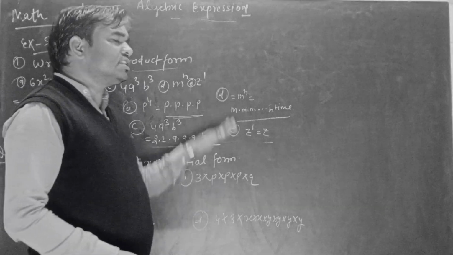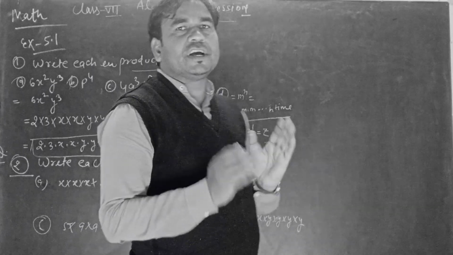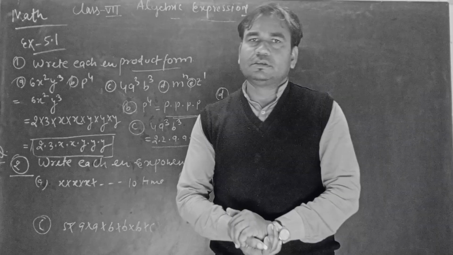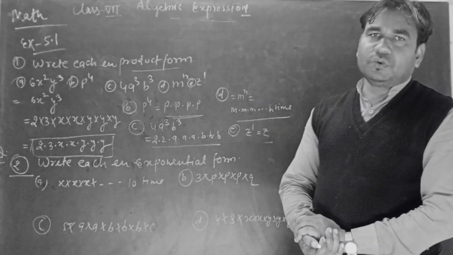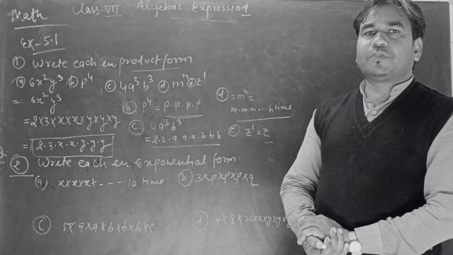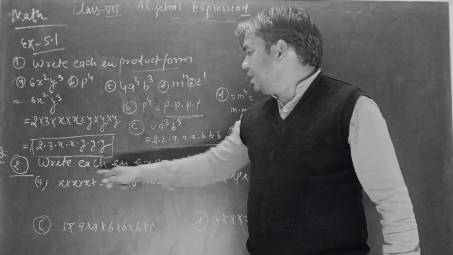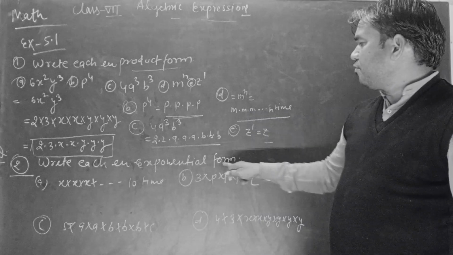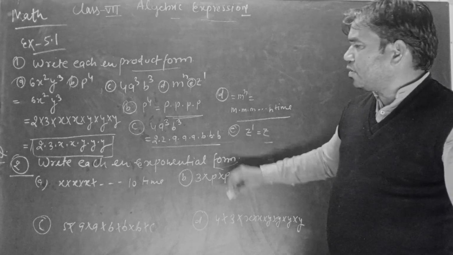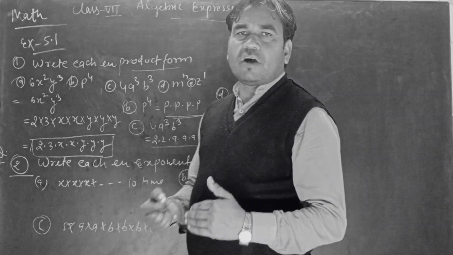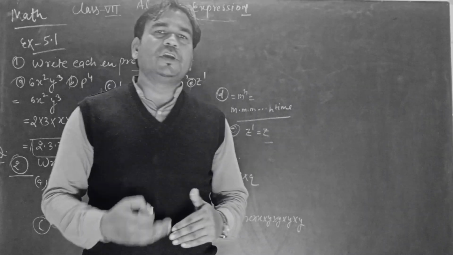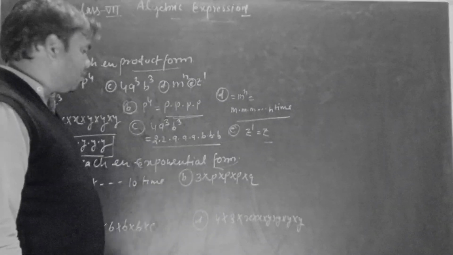So students, this is question 1 of exercise 5.1, and now we talk about question number 2 of exercise 5.1. This is write each in exponential form. Students know about power, so we can write this in exponential form.